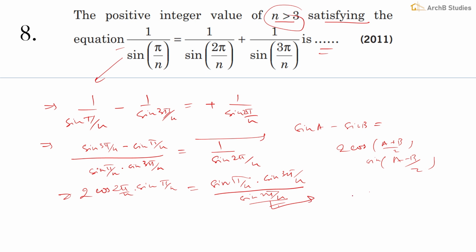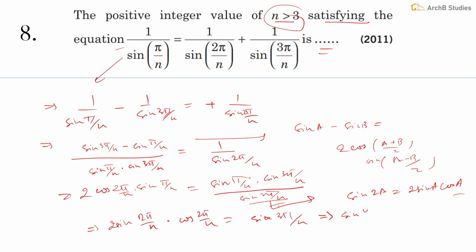Now over here we can apply the formula of sine 2a, that is 2 sine a cos a. So we will get 2 sine 2 pi upon n into cos 2 pi upon n equal to sine 3 pi upon n. This will be equal to sine 4 pi upon n.